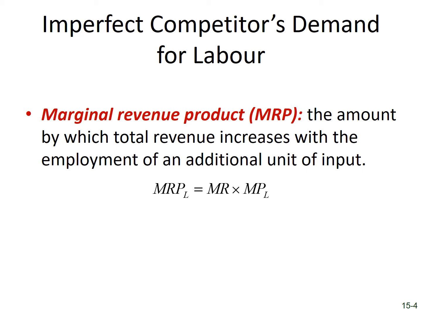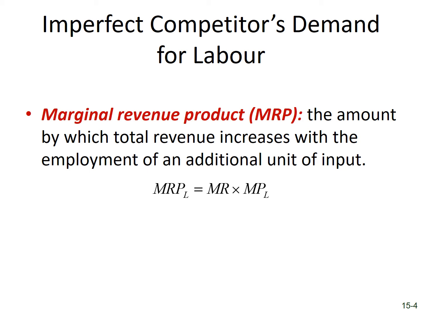The reason for this is that the firm would have to reduce the price at which it sells its good if it wants to increase its output, and therefore if it wants to sell an extra unit. So here price is not a fixed number, it's not a constant term. So the extra revenue that it gets by producing an extra output is equal to the marginal revenue.